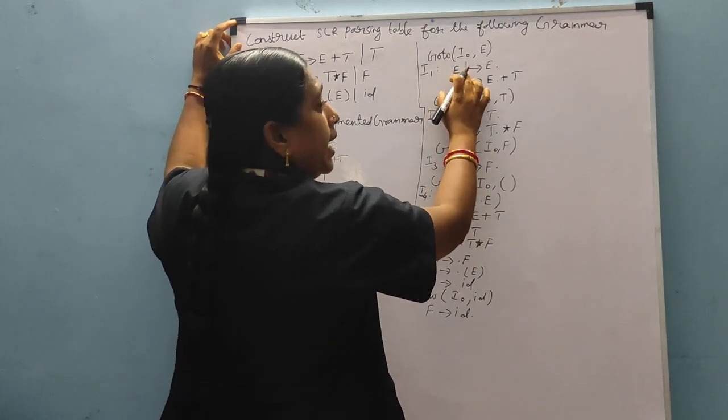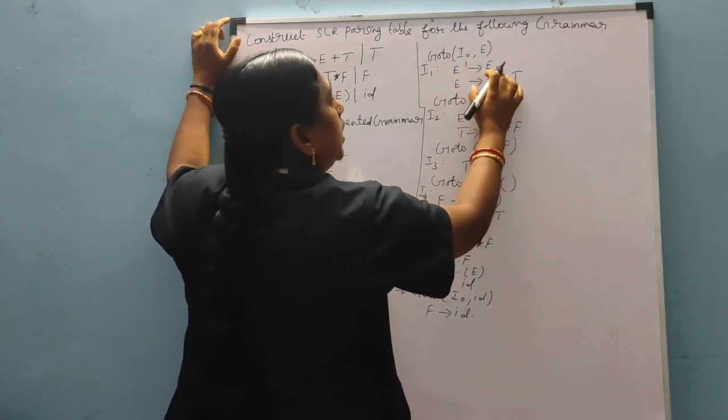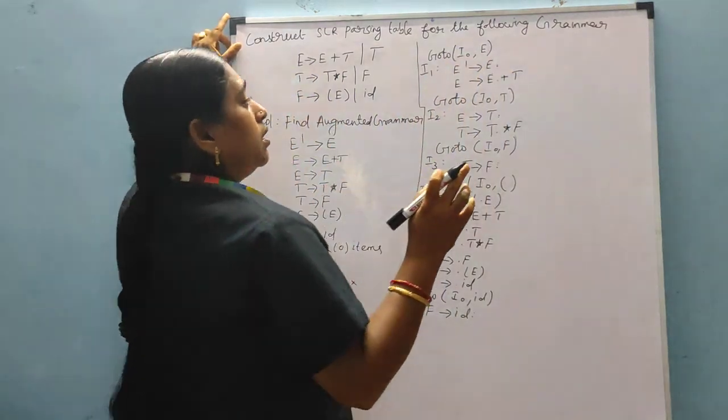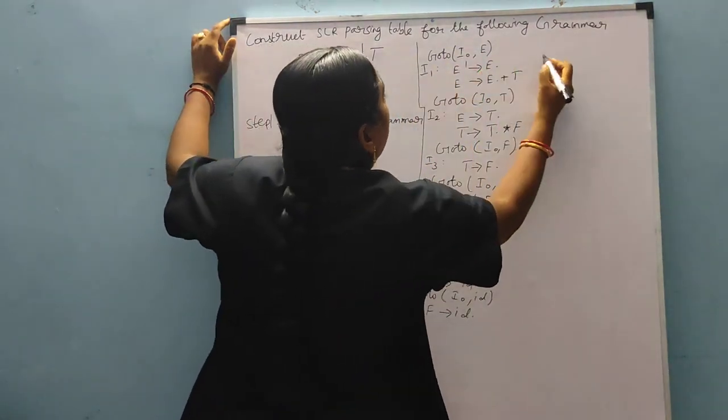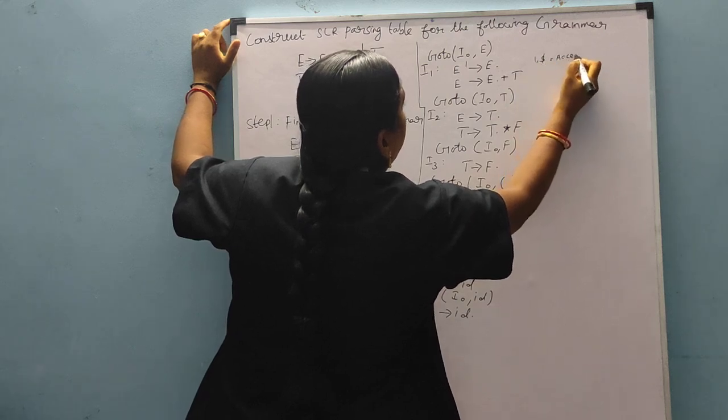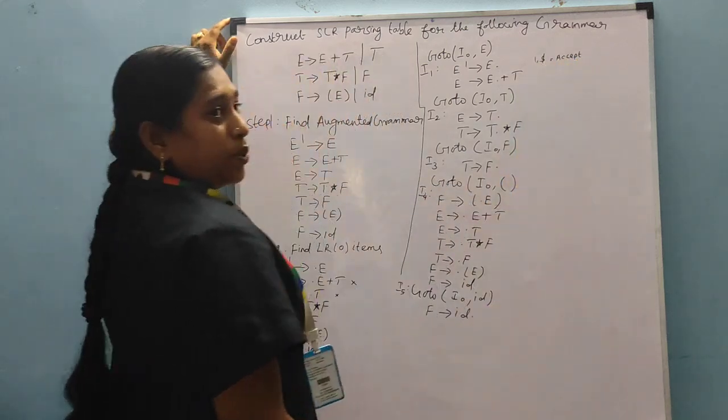So start symbol dash tends to start symbol dot. While making the table creation, we can write the I1 state comma dollar as the accept state. I will explain again in the table creation process.